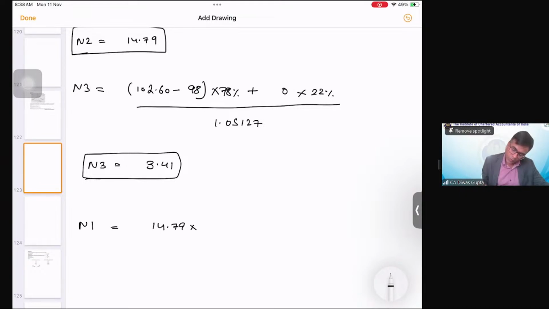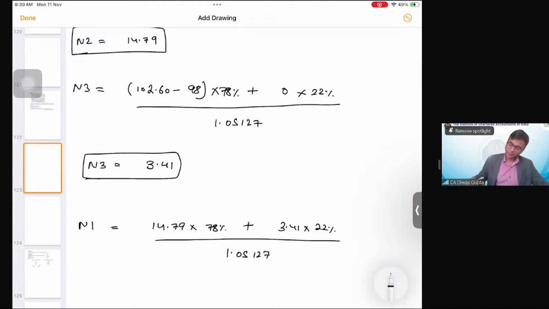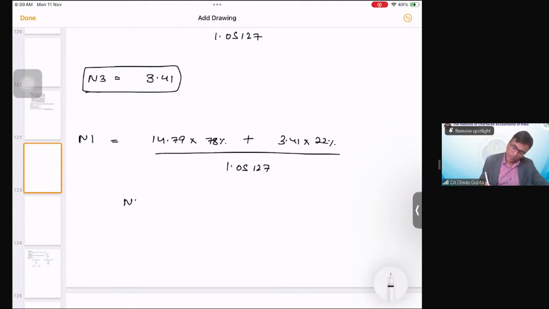14.79 into 78%, which is the probability, and 3.41 multiplied by 22%, which is again the other probability, divided by 1.05127. So N1 becomes 11.69.